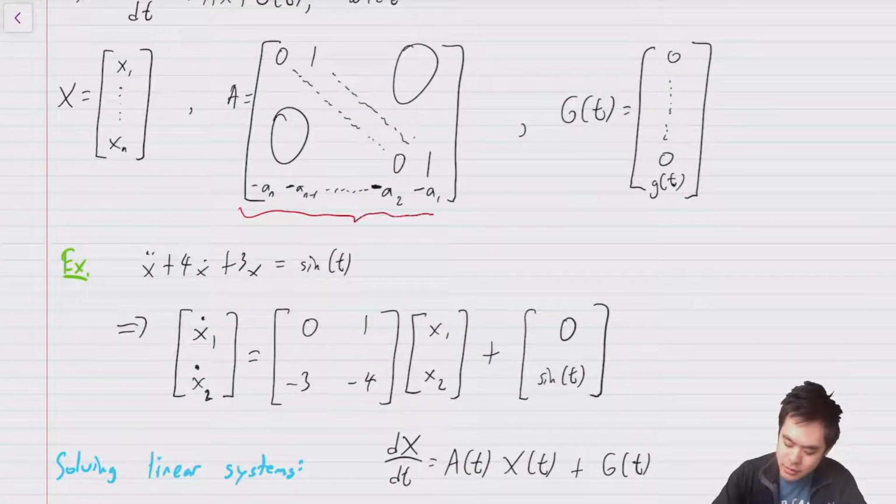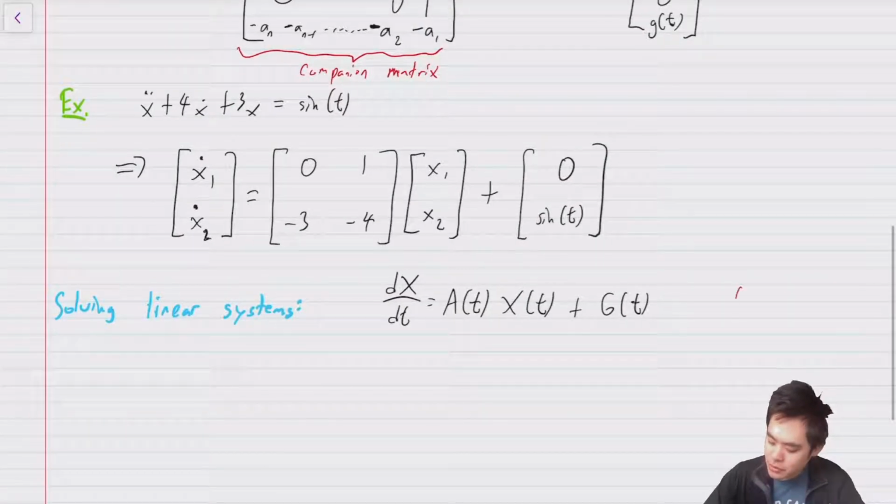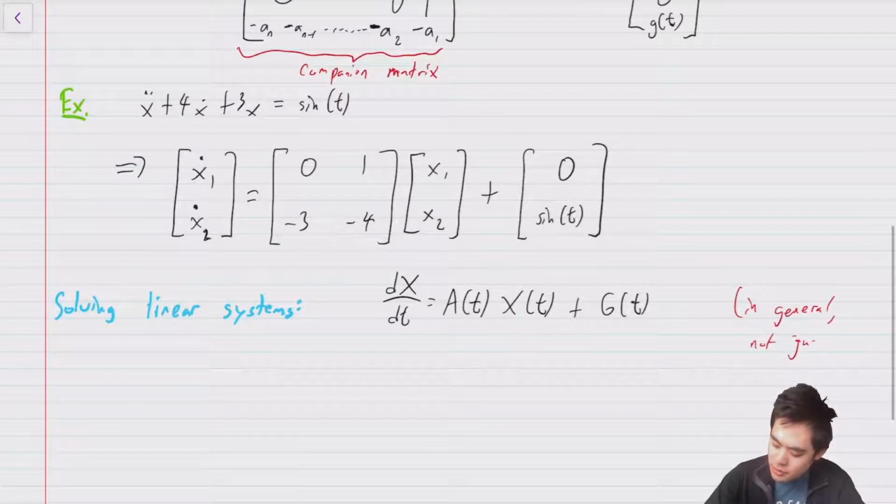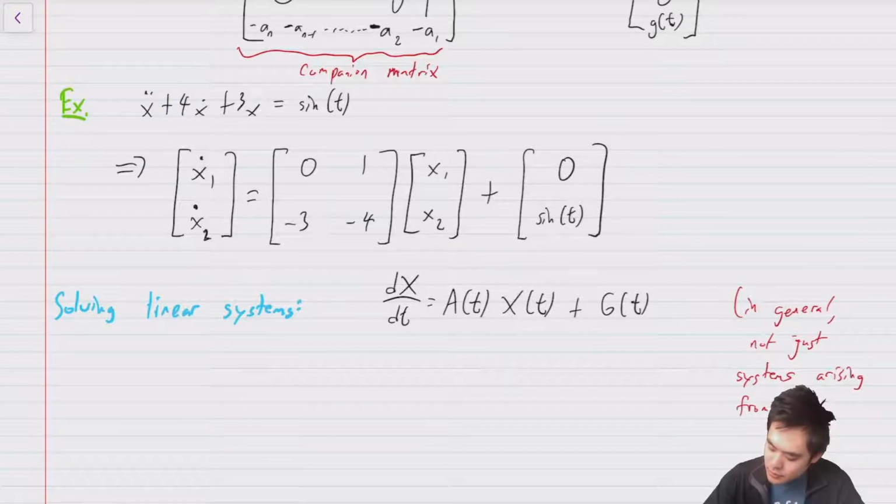The companion matrix arises when you convert a higher order ODE into a system of first order ODEs, but this is solving linear systems in general, not just systems arising from higher order ODEs.